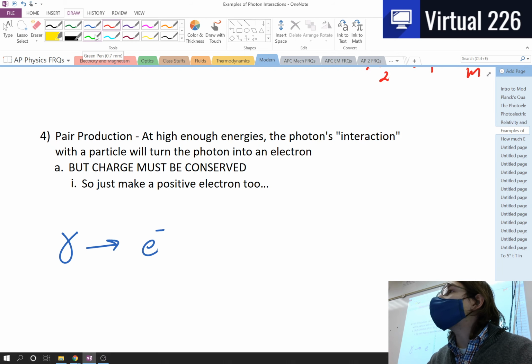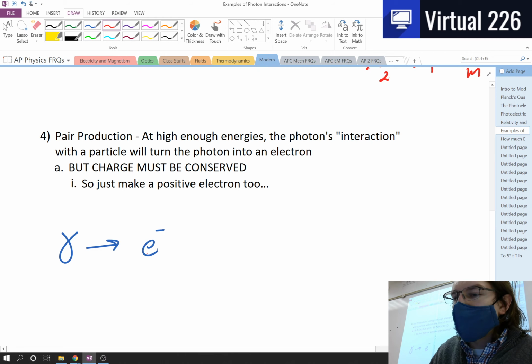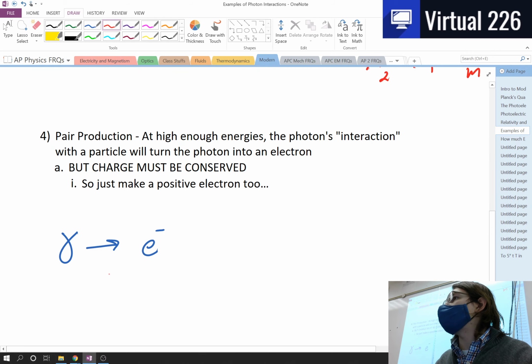Charge is a conserved quantity. You must conserve charge in the same way that you conserve mass energy. So if we generate a negative charge into existence, we also have to generate an equal but opposite charge. We need to generate a positive charge here. And you might be thinking, oh, well, if that's an electron, we'll just generate a proton.